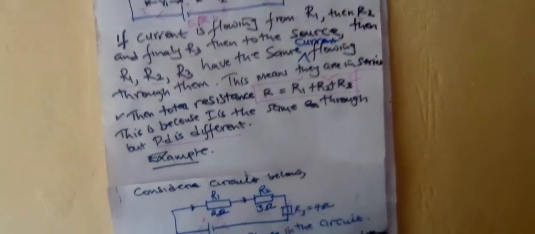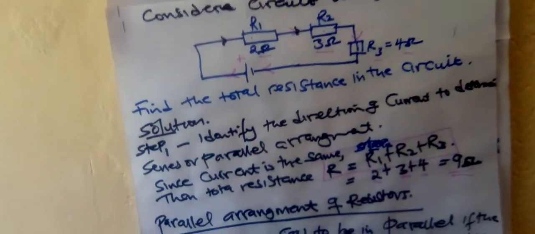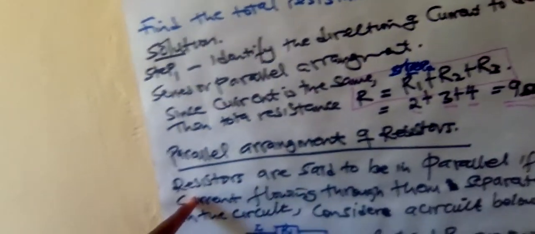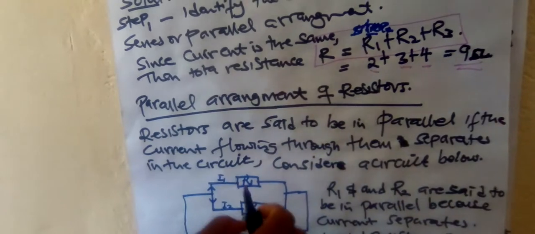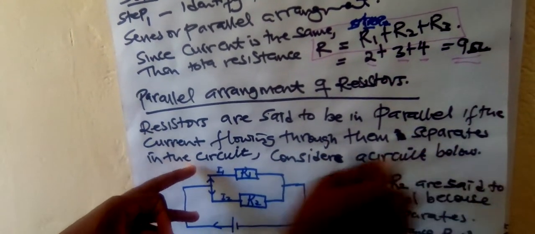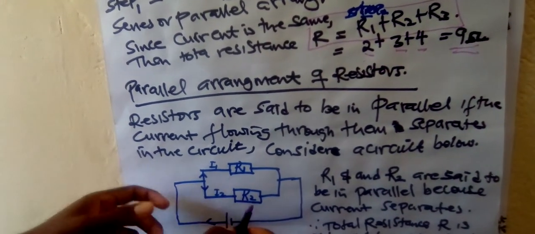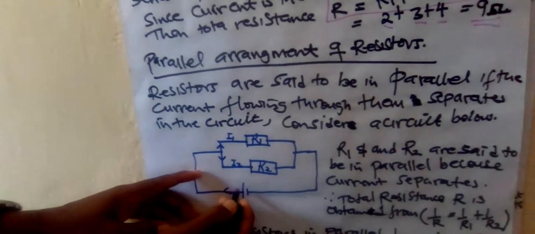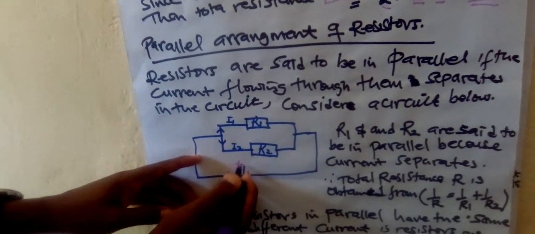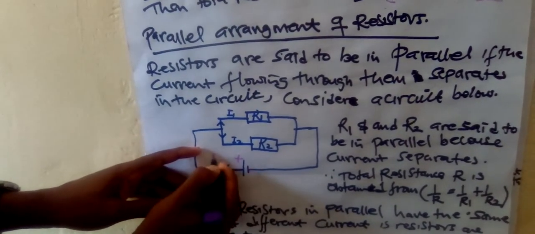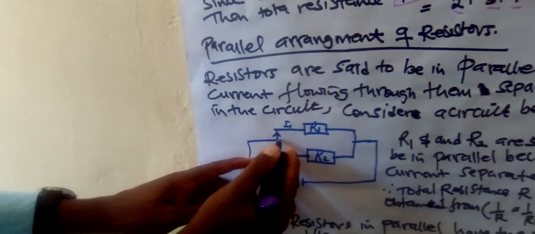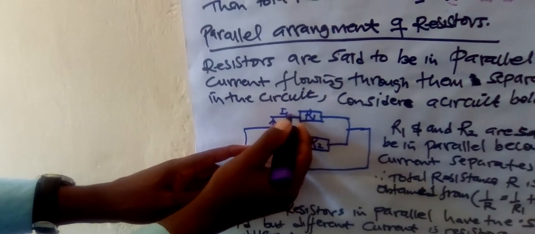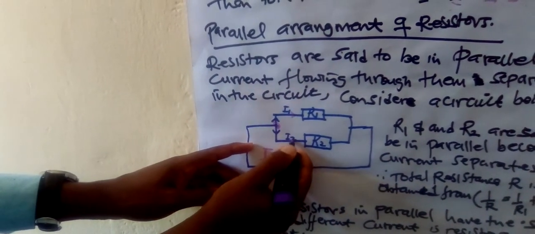Then we look at parallel arrangement. How do you know that resistors are arranged in parallel? Resistors are said to be in parallel if current flowing through them separates. In other words, if we consider the circuit below, current comes from positive, this is our total current. When it reaches the junction here, it separates into I1 and I2.